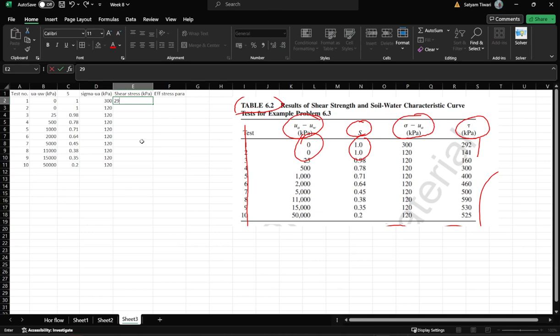Value of shear strength is going to be 292, 141, 160, then 300, 400, 460, 500, 590, 530, 525.